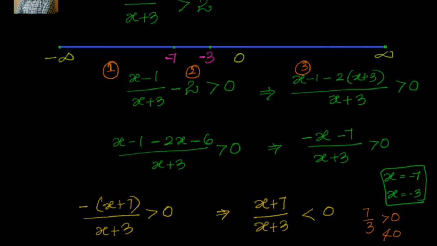So the third section is not the solution. I told you, if the third is not the solution, automatically the first also will not be part of the solution. So your solution is section number 2, that is minus 7 to minus 3. This is your solution.